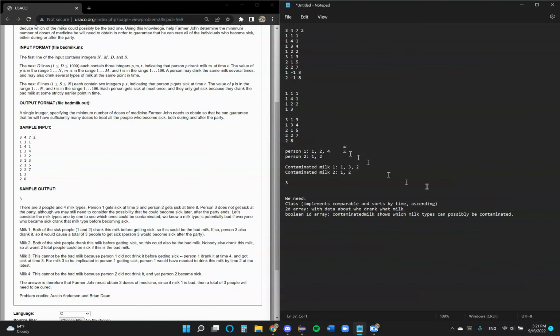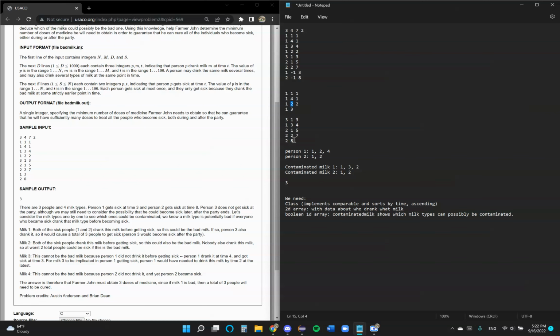Now, we can do this in several ways, but one way is to set all the values in the Boolean array to true, and then check if a sick person has drunk it before. So in this case, we would be setting the values in index 1, 4, and 2 to true, and the rest of them we would change to false.